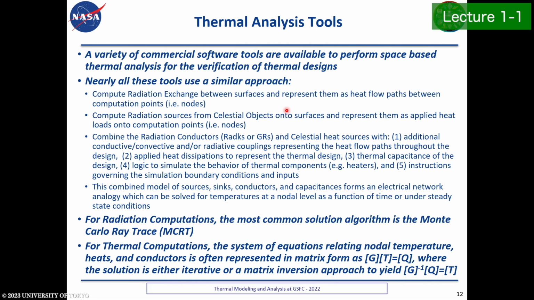Older versions of CINDA used an iterative approach to solve it. Newer versions of CINDA use a matrix inversion, which is considerably faster and definitely better. Basically, it's taking a G matrix, n by n, multiplied by a T vector is equal to a Q vector. You invert the G multiplied by the known Qs to get the temperatures.